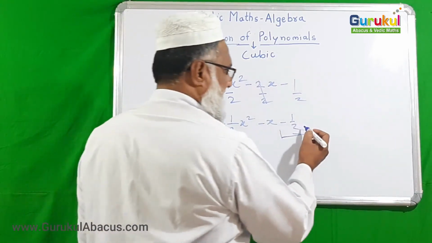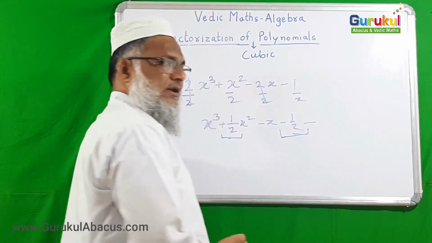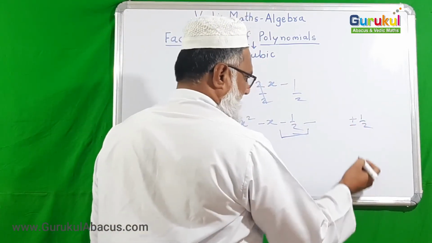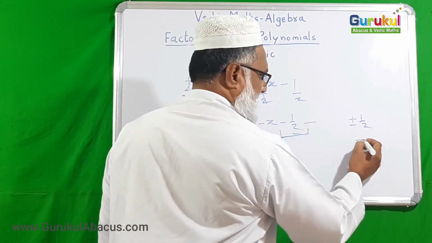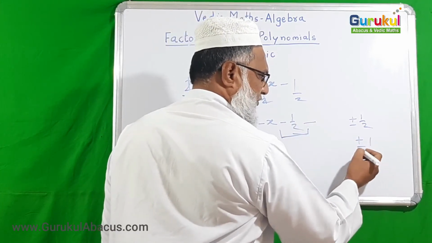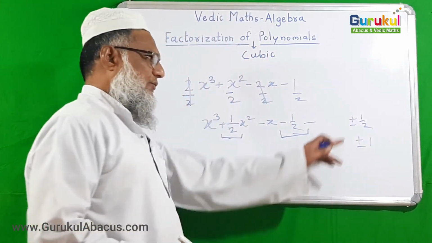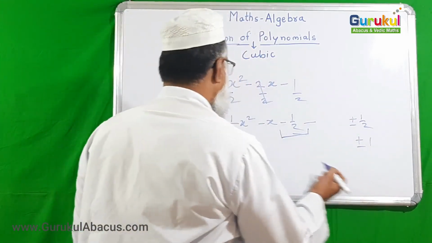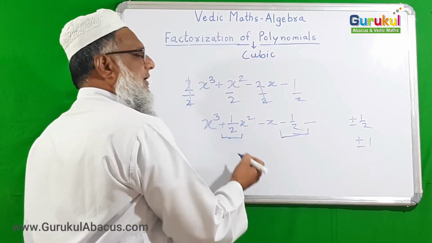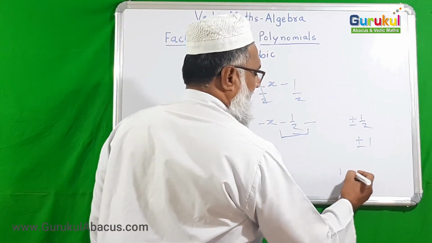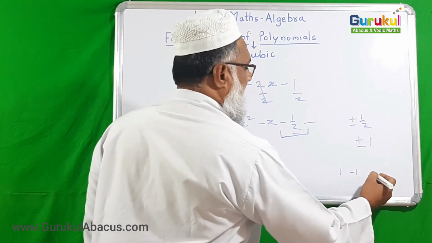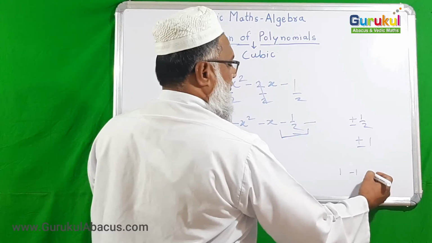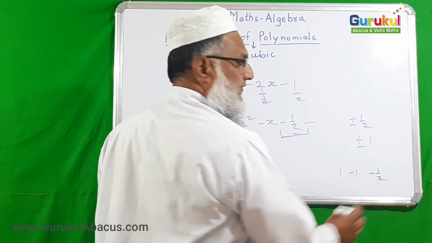So now see firstly what the factors of minus 1.5 are. It can be plus or minus 1.5, and every number has 1 as a factor, so plus minus 1 and plus minus 1.5. We have 4 options. Out of the 4 options, choose 3 so that the addition will be plus 1.5. So I am choosing 1, minus 1, and the addition we require is plus 1, so I am choosing minus 1.5.